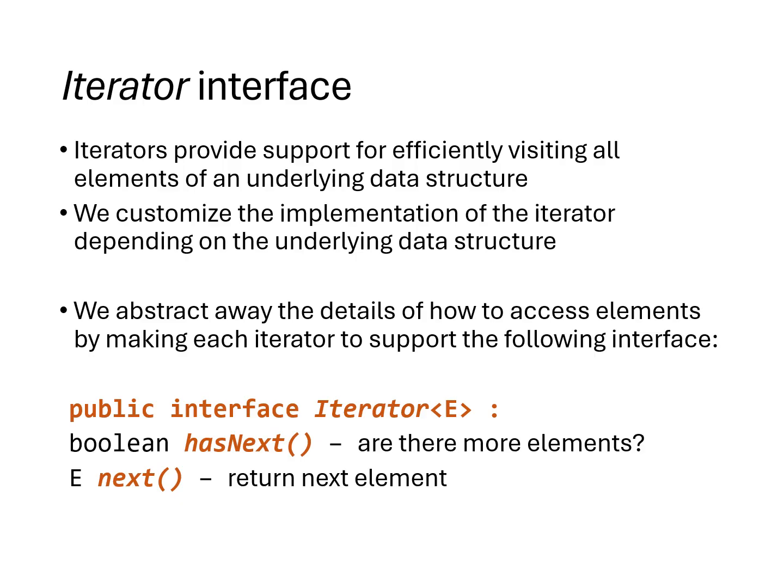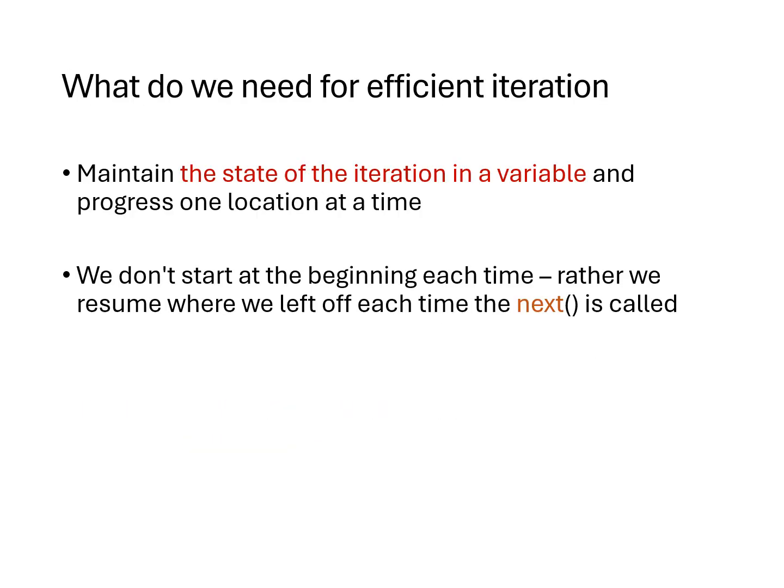The Boolean hasNext will answer if there are more elements to traverse, and next will return the next element in sequence. What do we need to know between separate calls to next?